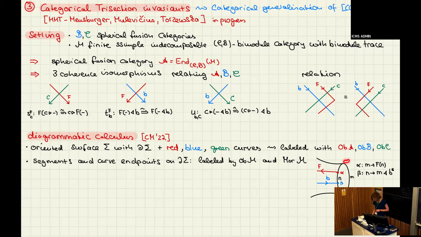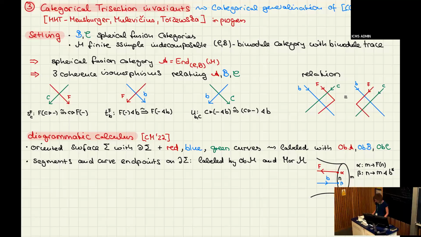So we have certain boundary segments, and we have endpoints at the boundary. And we label these segments by some object of this bimodule category M, and we label the curve endpoints at the boundary by appropriate morphism spaces. And which one you have to take, you see from the labels of the objects on the segments before and after, and also from the fact if this line is incoming or outgoing.